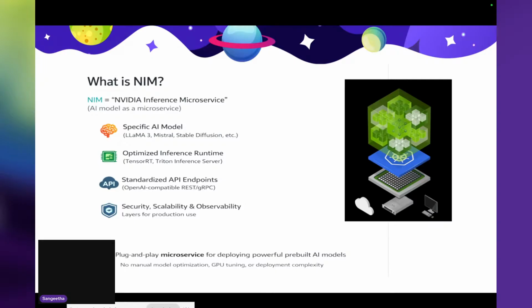Historically, getting a large language model to run efficiently on a server wasn't just a matter of turning it on, right? There are a lot of parameters we need to factor in. For model optimization, we have to see that the model doesn't consume too much memory or run too slowly.